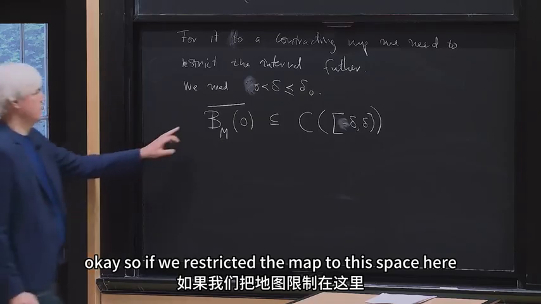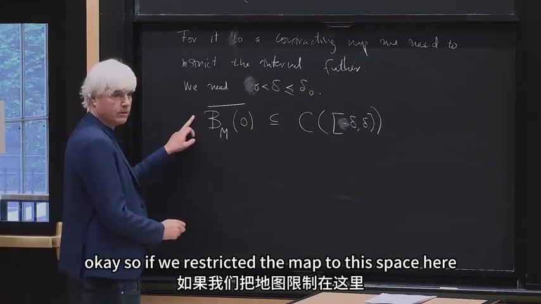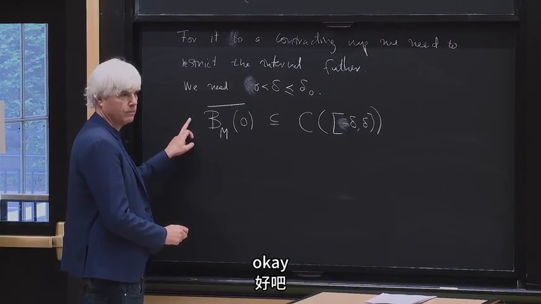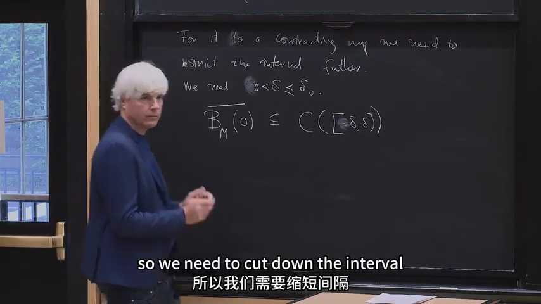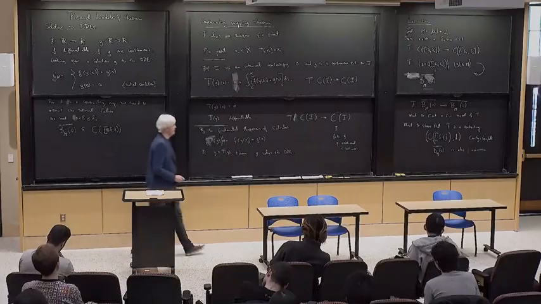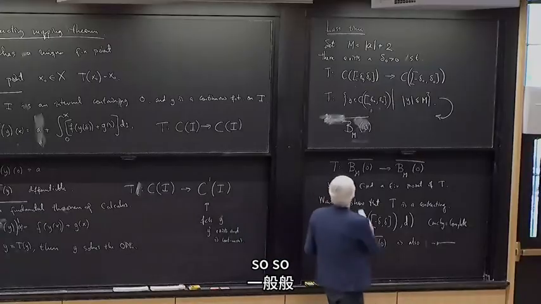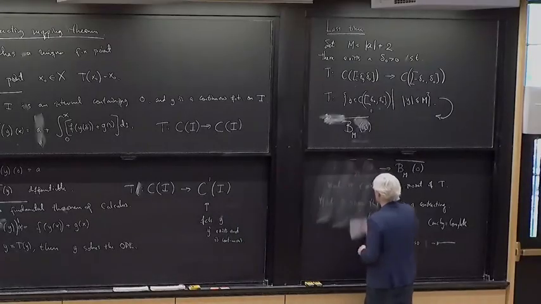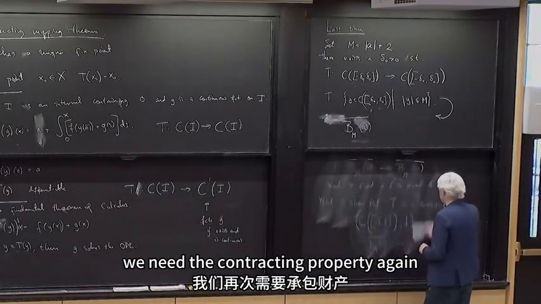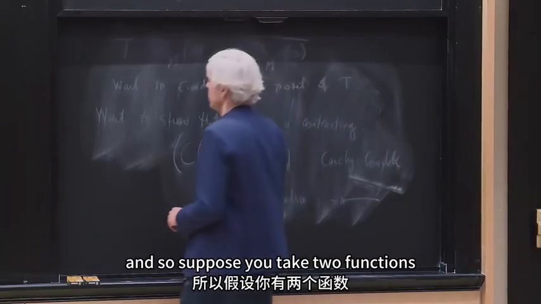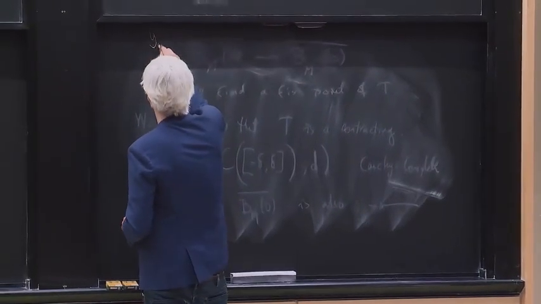Okay, so if we restrict the map to this space here, then on this it is a contracting map. Okay, so we need to cut down the interval. Okay, so now how do we do that? So we need the contracting property again. And so suppose you take two functions.